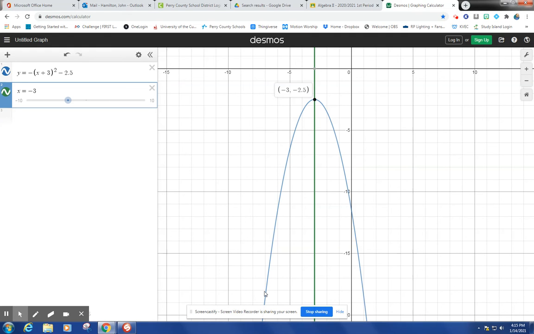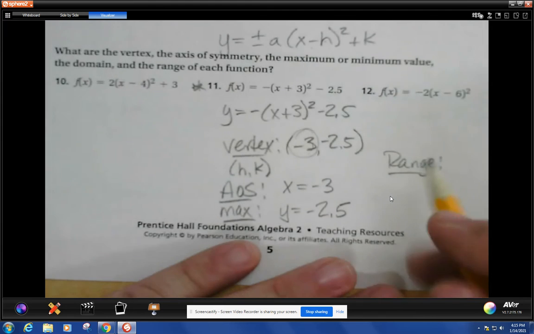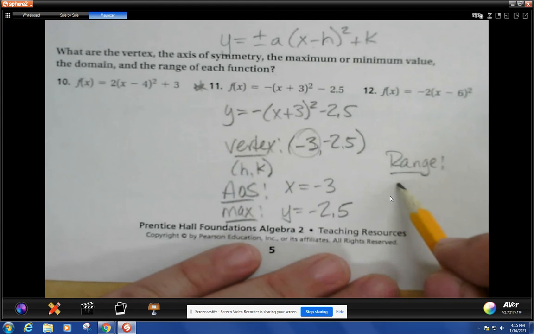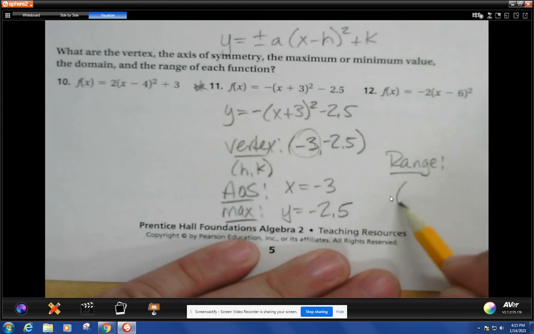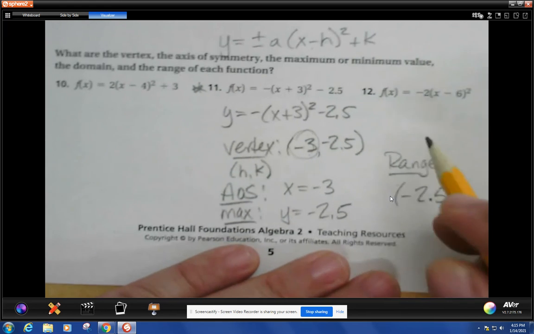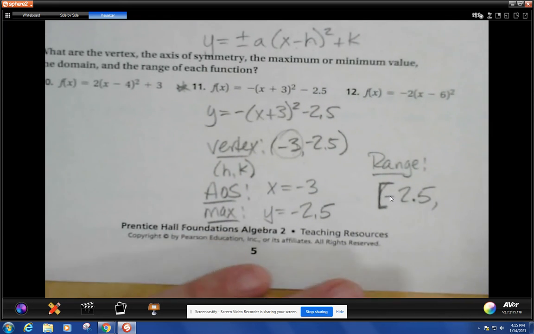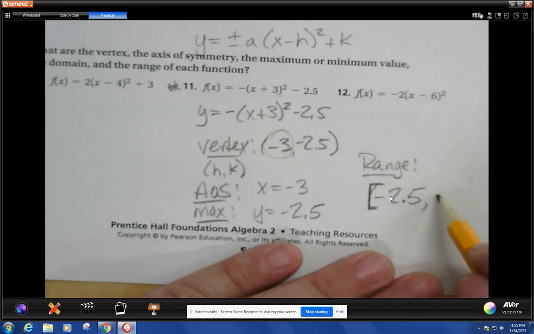It never stops, okay? So if we're talking about the range of this particular graph, then we're saying that it goes from -2.5 is where it starts. And I'm going to go ahead and change this to a bracket because it actually includes that value, -2.5. And it goes to negative infinity. Okay?